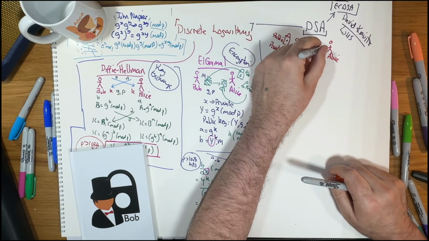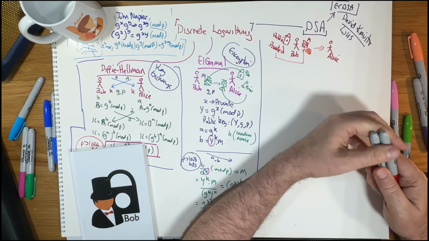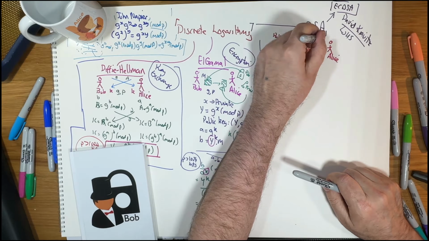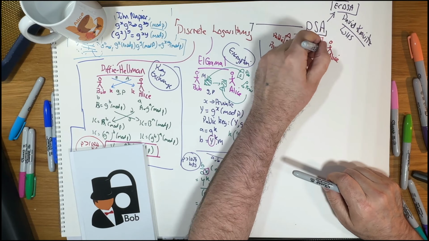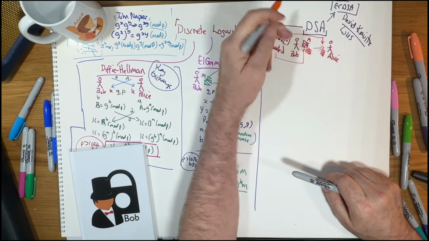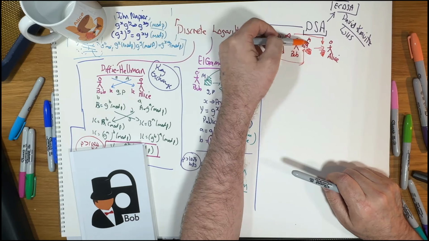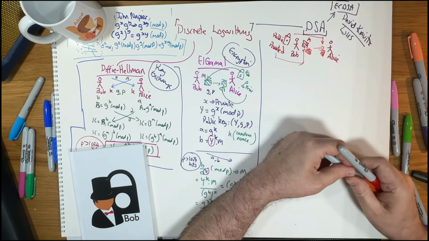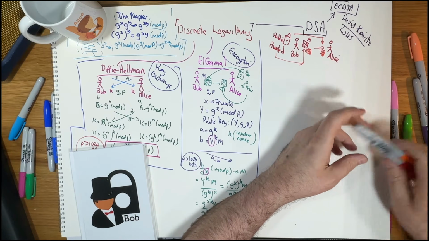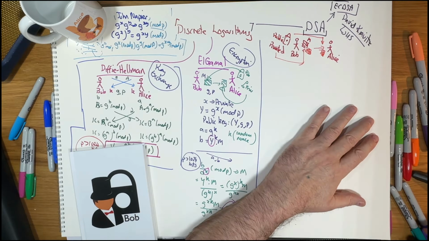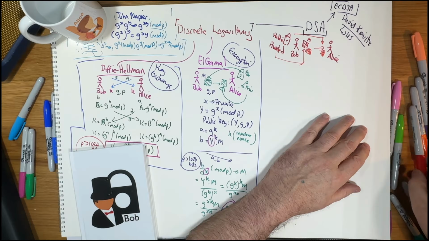That is then sent over to Alice, and then she will use his public key to verify the signature so that she knows that it was Bob who signed with his private key. This is the concept of a digital signature. Okay, so let's see if we can get this to work out.